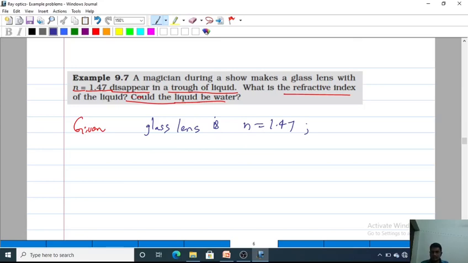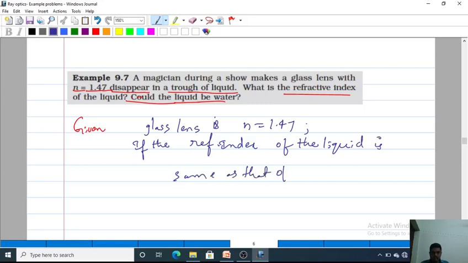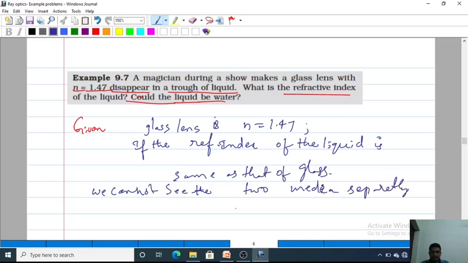That is why we see them as one medium. So if the refractive index of the liquid is the same as that of glass, we cannot see the two media separately, so this is the reason why it disappears.